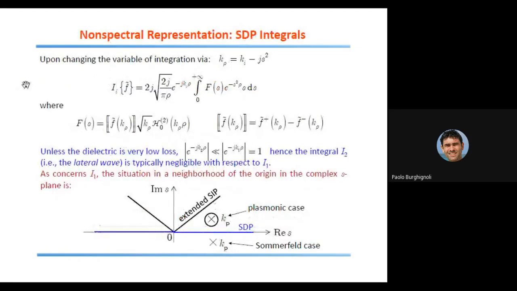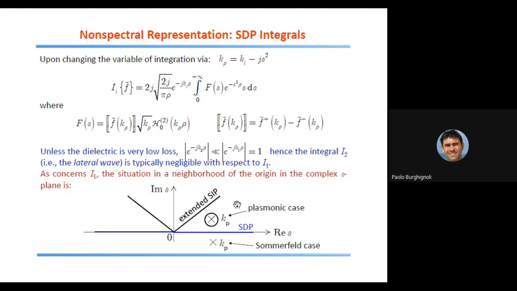Now, look at what happens in the complex plane of the variable s, which we introduce when we evaluate asymptotically the integral with the steepest descent method. The saddle point is located at the origin of the s-plane. The steepest descent path is the real axis of the s-plane. The original path is the black one here.